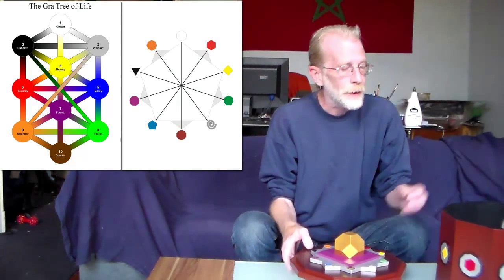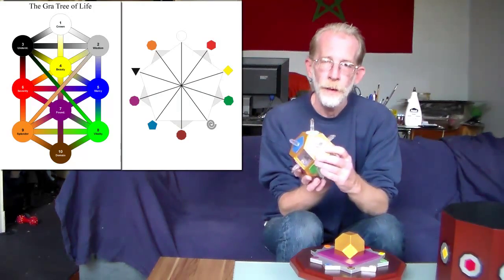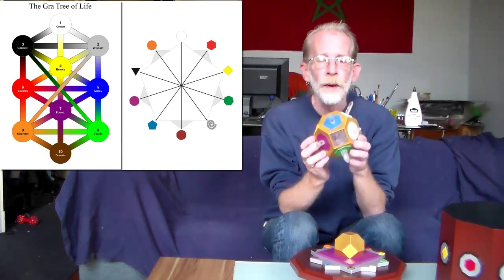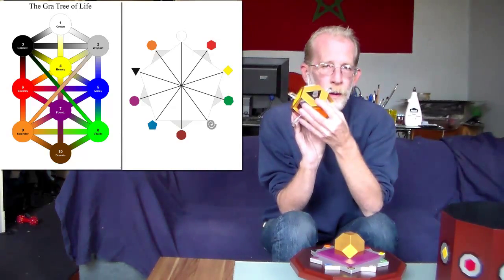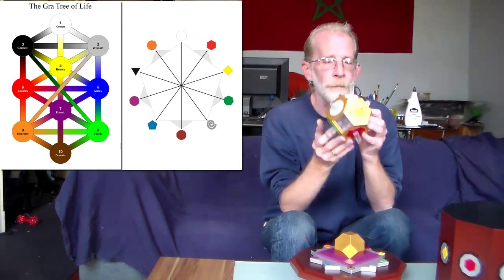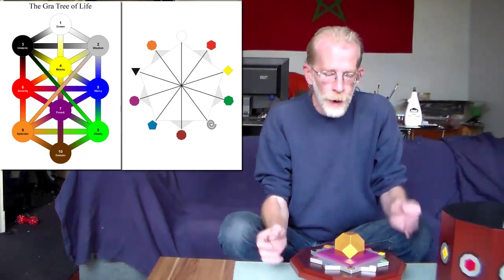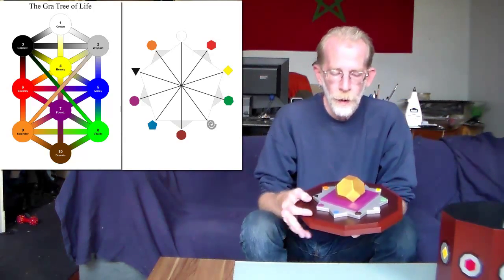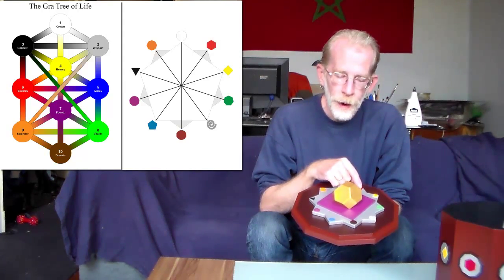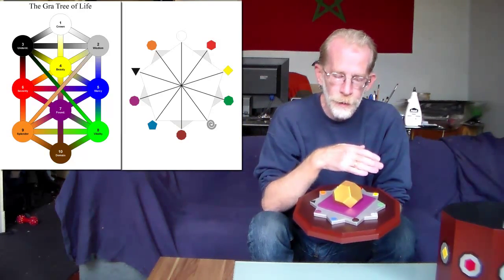Now this is reflected in the mechanism. We have Chokmah opposite Hod. Binah opposite Netzach. We also have Geburah opposite Geburah. And this is where the top 5 split from the bottom 5 on the Gra tree.